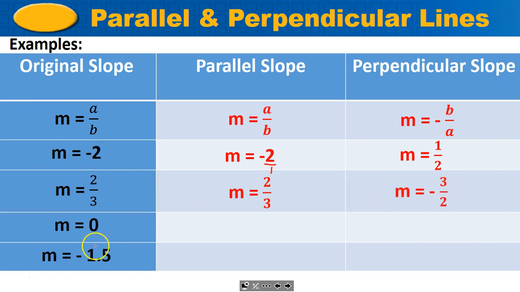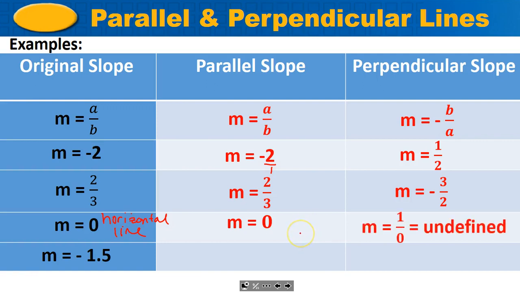Now this is the one that I really want to talk to you about. M is equal to 0. So this is a horizontal line. And so we would have another horizontal line, so its slope would still be 0. But when we're talking about the perpendicular line to a horizontal line, that would be a vertical line. And by the way, I skipped this on the last one. If you look up there at the last part, the first box where it says what types of lines are always perpendicular, those are vertical and horizontal lines.